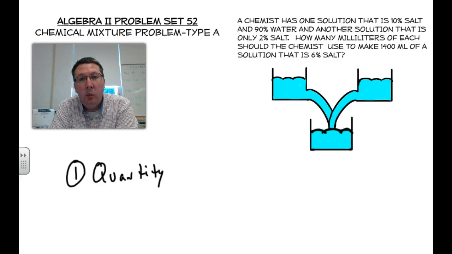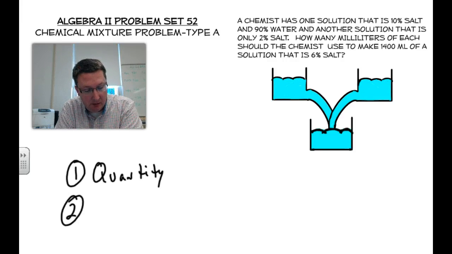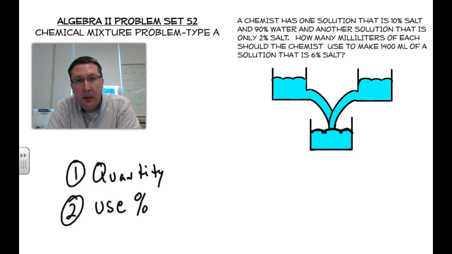So we're going to have one equation that's strictly dealing with the amount of solution. Okay, so that's our quantity equation. Our second equation is where we bring in the percentages. So we will use the percentages. Okay, so let's look at this first example and see if we can figure out how this is set up.